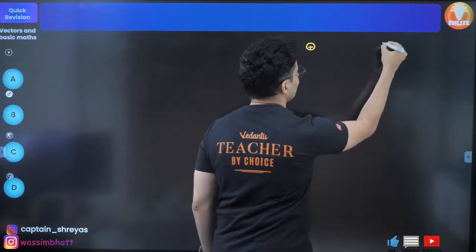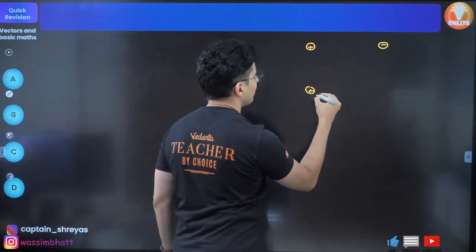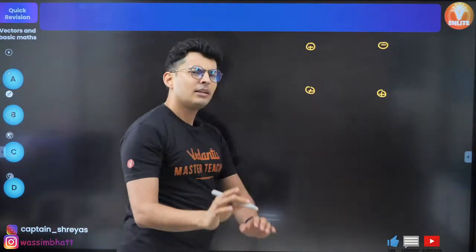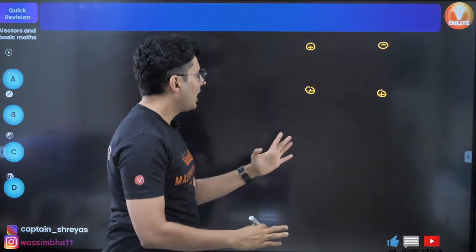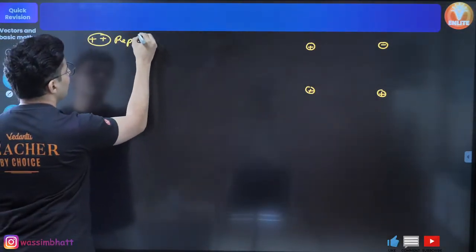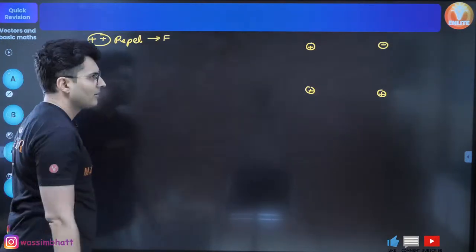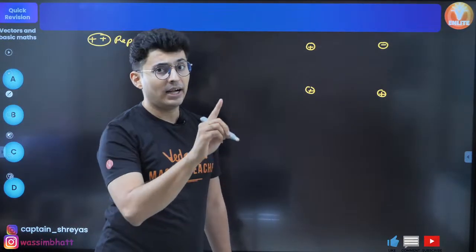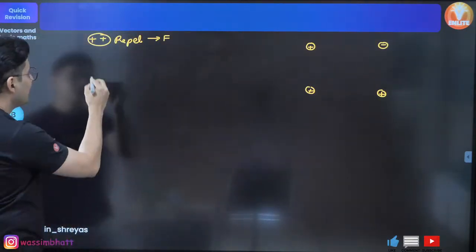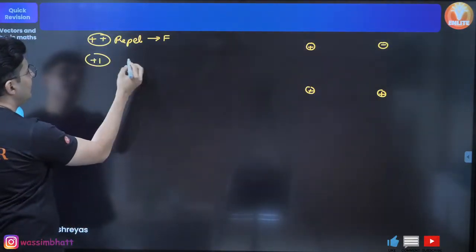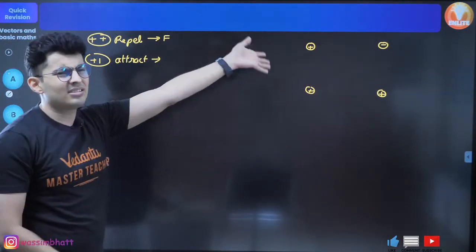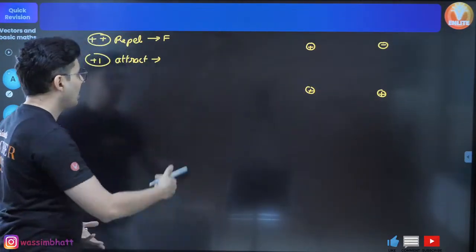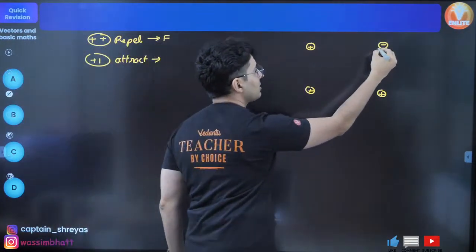Imagine there are charges, something like this, on the vertices of some square. The positive charges repel by a force of F. Then the positive and the negative attract by a force, maybe 2F. Maybe the charges are different, distances are different, so maybe the negative charge is huge.